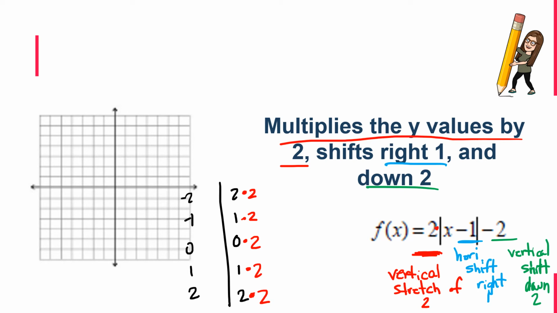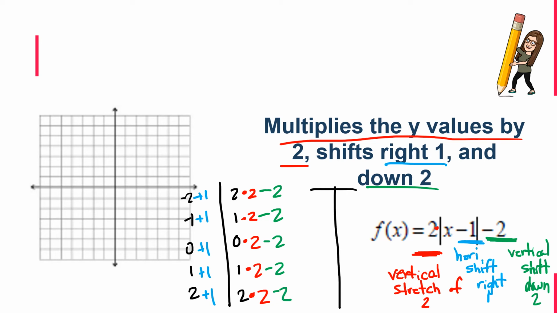Here's where this table becomes so helpful. Horizontal shift, right 1. Horizontal, x-axis. If we're going right 1, we're going to add 1. Vertical shift, down 2. Vertical meaning y. We're going down, so we're going to subtract 2 from every value. You can do every move and then create your final table.